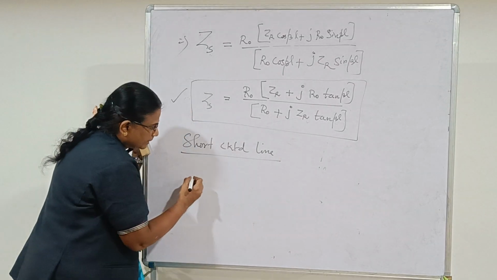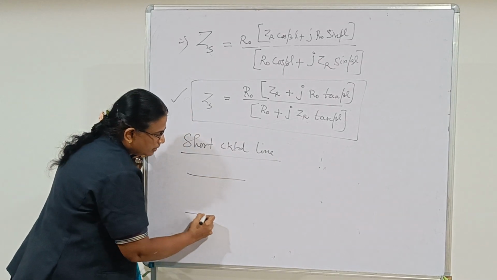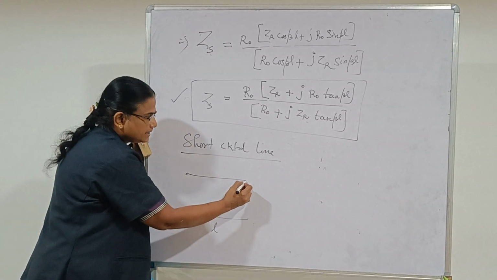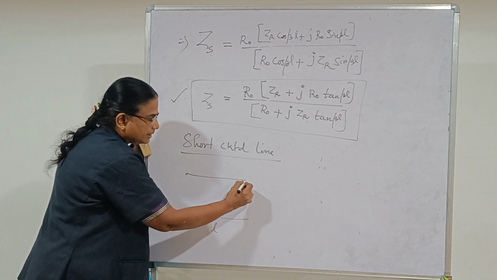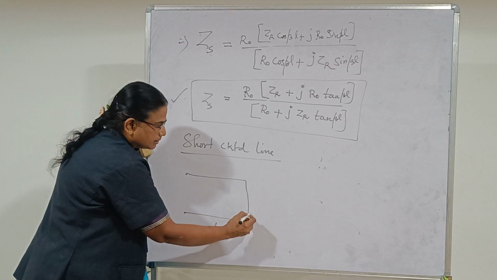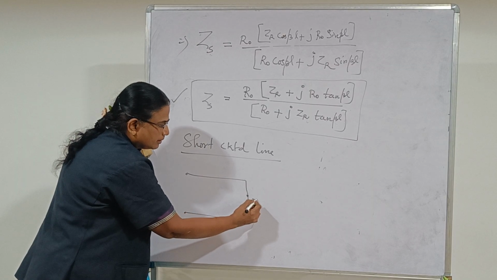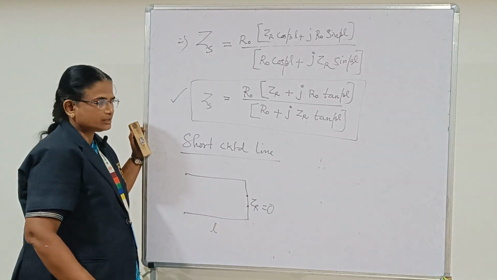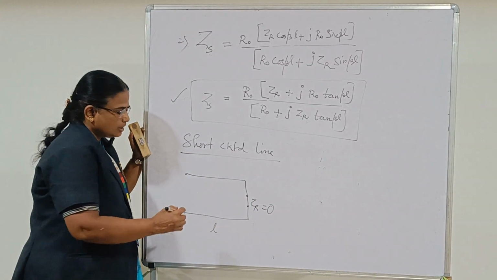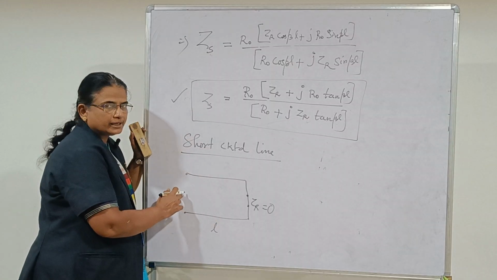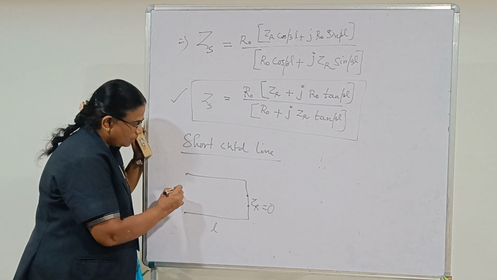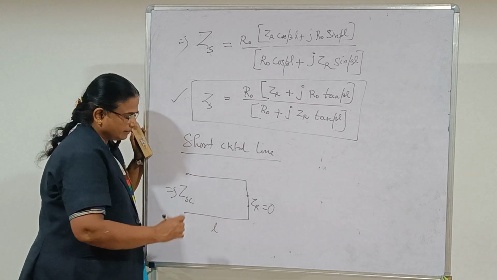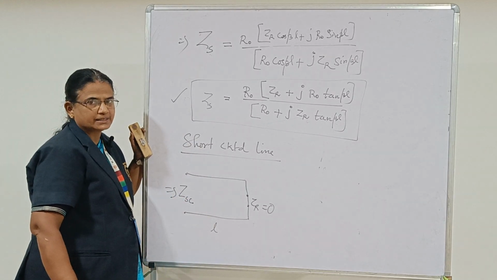Consider a finite line of length L. Here the line is terminated by an impedance ZR which is equal to 0. This is called a short circuited line. The corresponding sending end impedance is now designated as the short circuited impedance ZSC.